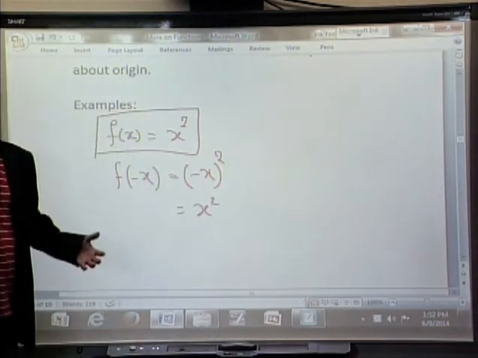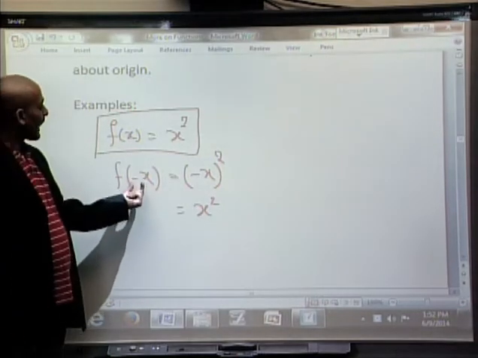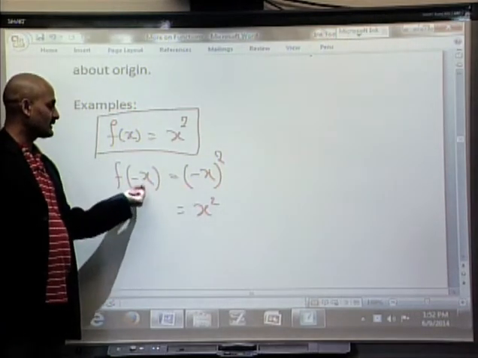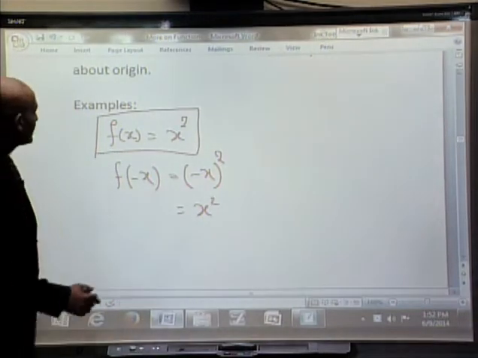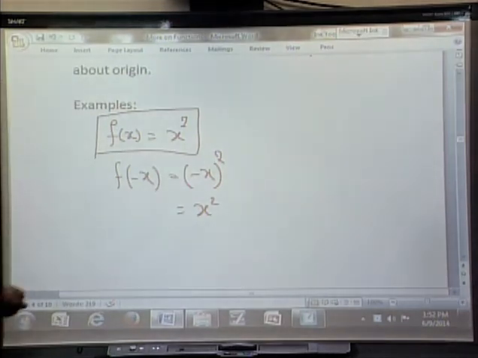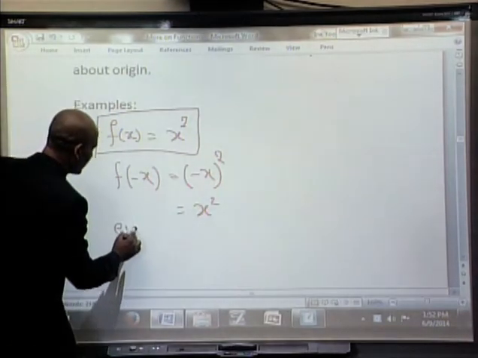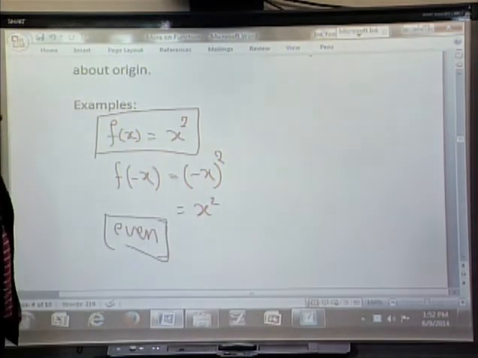Negative times negative is positive. Look, even after replacing x by minus x, there is no change in the formula of the function. It is still the same formula as we started. So, this is an example of an even function.